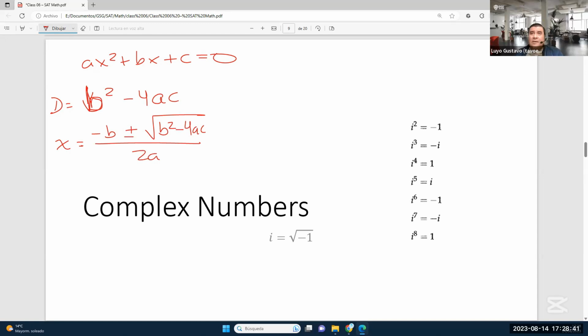We said when the discriminant, that is this value here, the radicand in this expression, is positive, that means there will be two solutions. When that radicand equals 0, that means there is only one solution, or if you want, the two solutions are the same. But what happens when b squared minus 4a times c is negative?